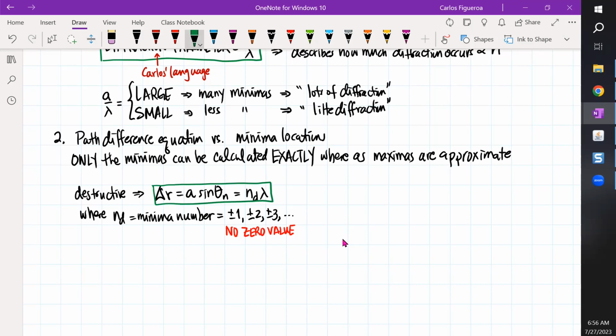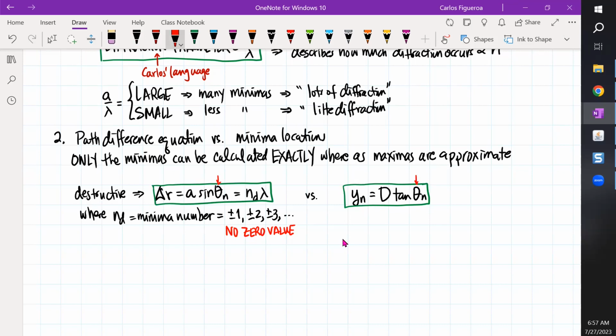And what we're going to see here, the screen location is going to be the same form. The screen location of the minima is still given by d tan of theta n. Just as we talked about before, the angular location here and the angular location there are one and the same.